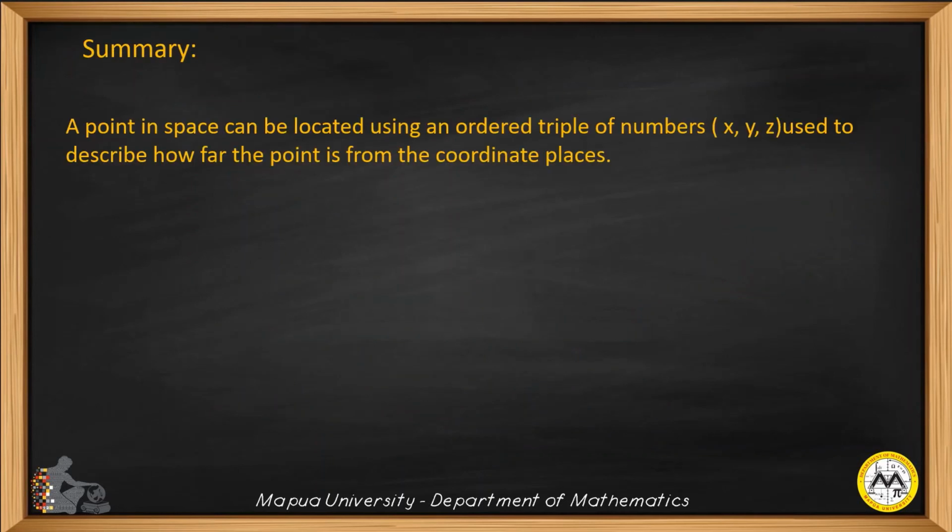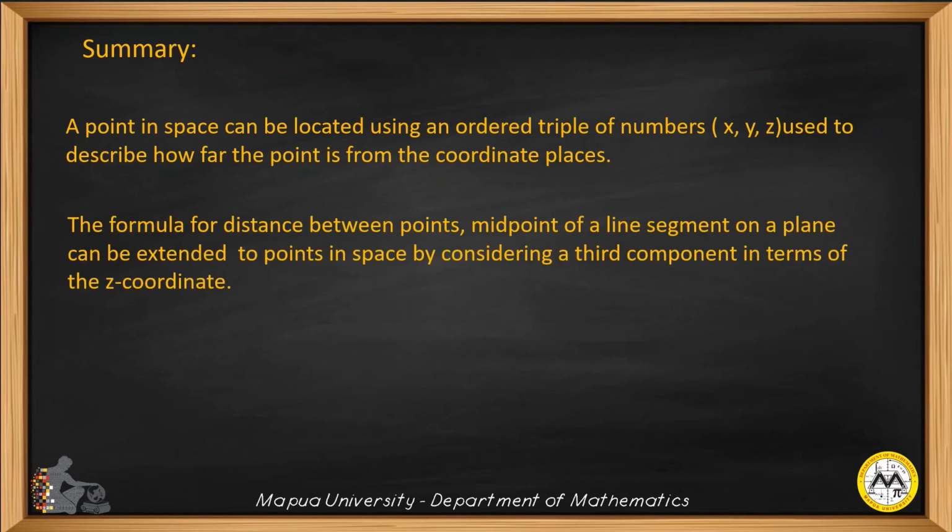Okay, summarizing what we had in this particular lesson, simply that a point in space can be positioned by making use of an ordered triple of numbers x, y, and z, and that we make use of the three-dimensional coordinate system to plot the set points, and that the formulas for the distance between points and the midpoint of a line segment of points on the plane can be extended to include points in space.